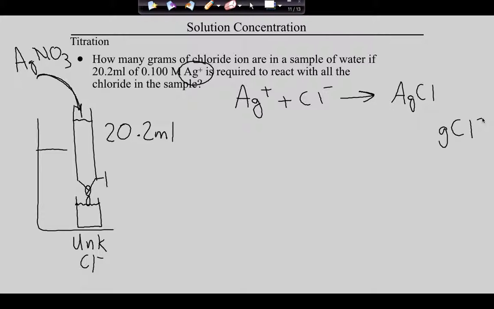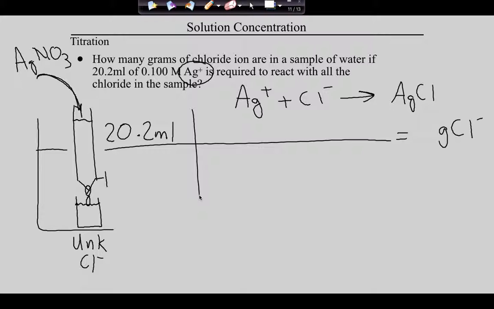We used 20.2 milliliters of our silver ion solution. The more we used, the more chloride must have been there. What started as a label became the starting point for our dimensional analysis.